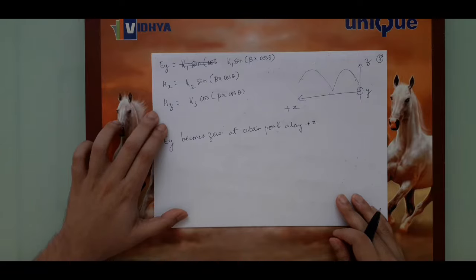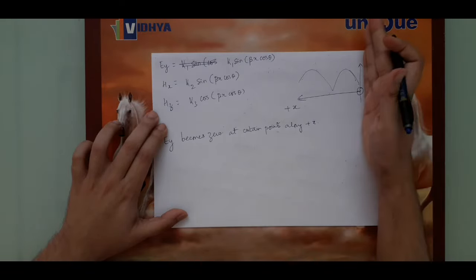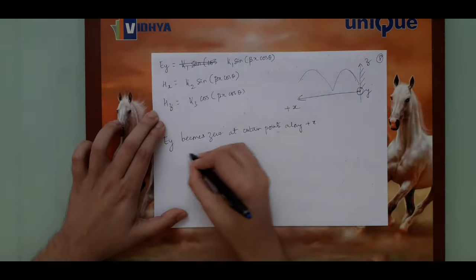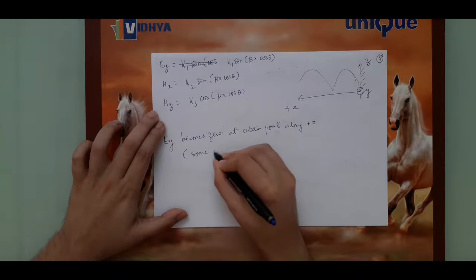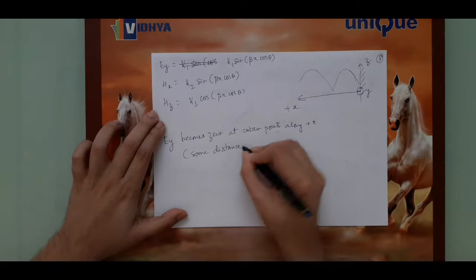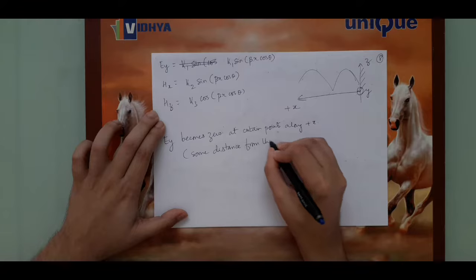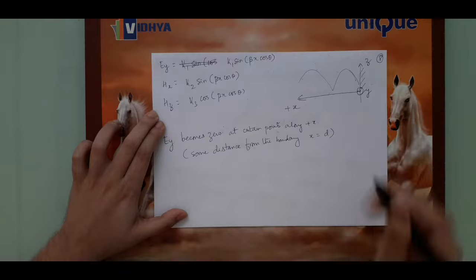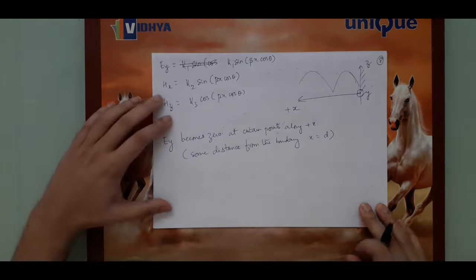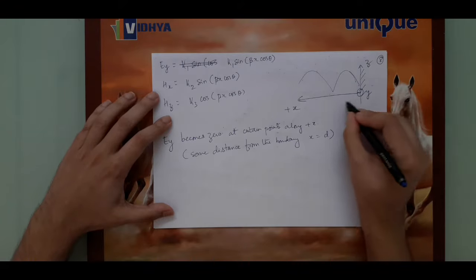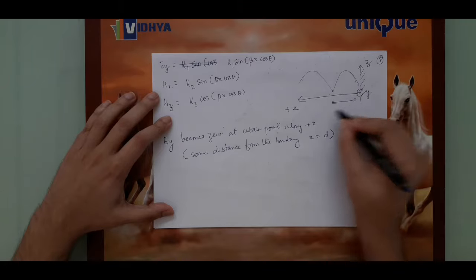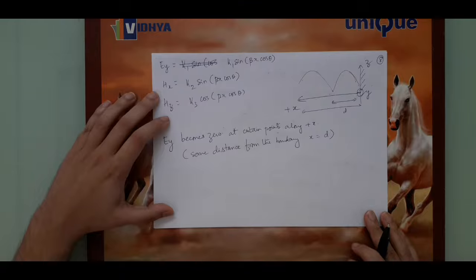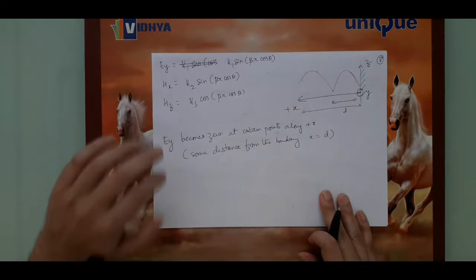So let us say at some distance d from the boundary, x equals d, that is, let us say here, this is d, the distance from the boundary at which the EY field becomes 0.